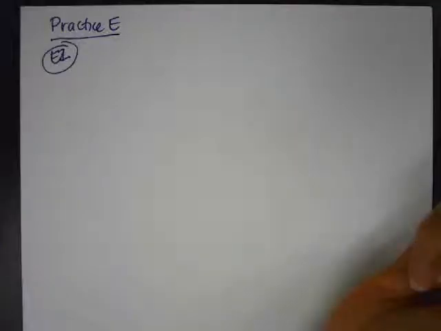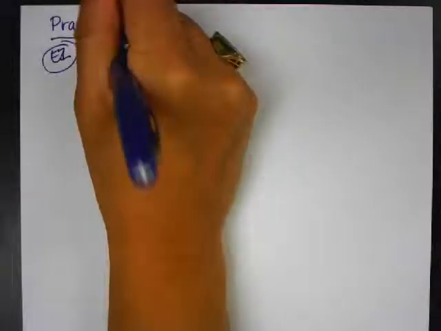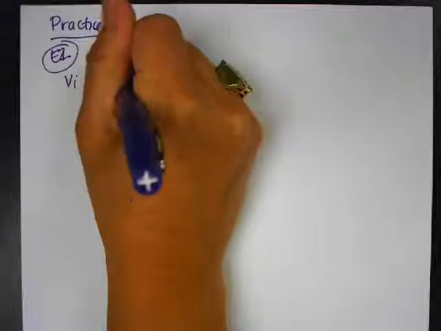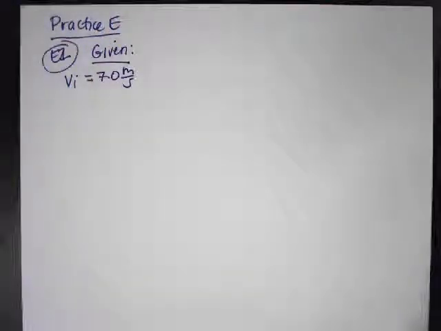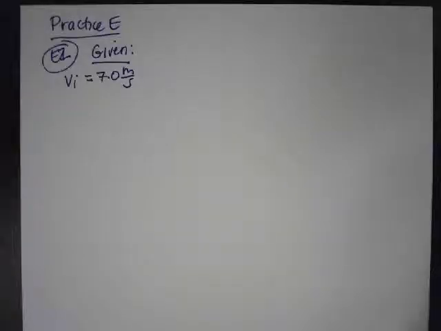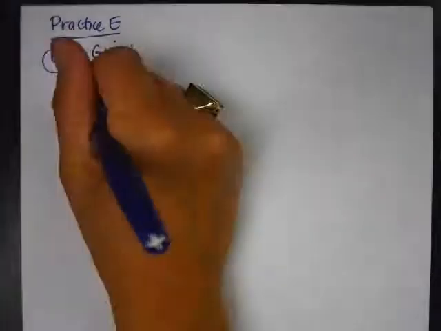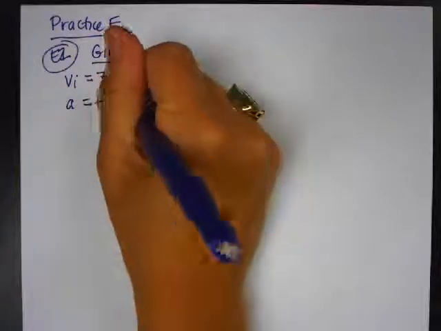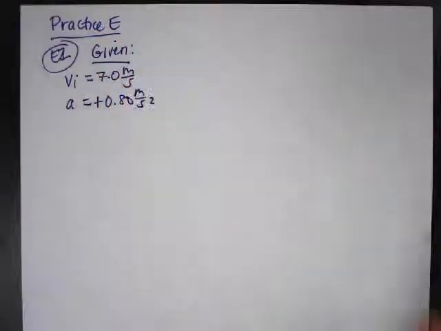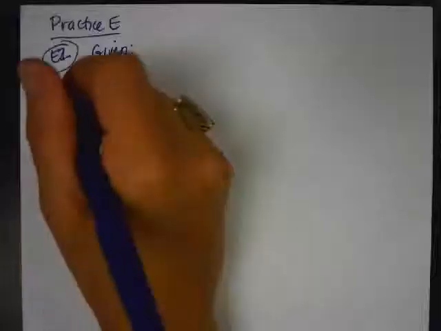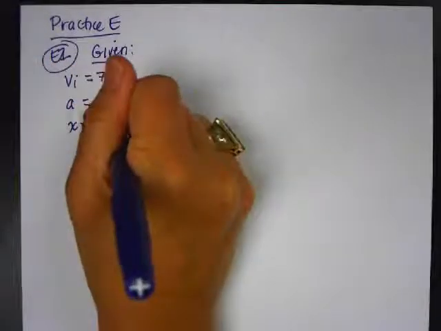So it says a car traveling initially at 7 meters per second. So we're going to write our given. The initial velocity is 7 meters per second. It accelerates uniformly at a rate of 0.8 meters per second squared for a distance of 245 meters.